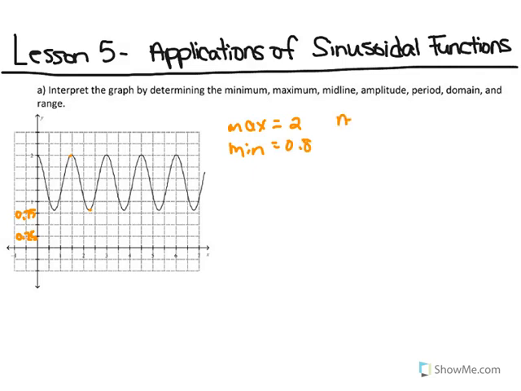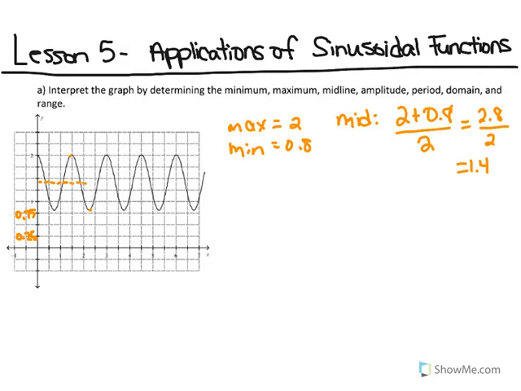So our midline would be 2 plus 0.8 divided by 2, which is 2.8 over 2, which is 1.4. So at 1.4, we have our midline. That would be about right there.